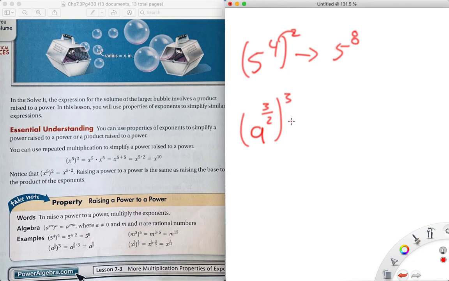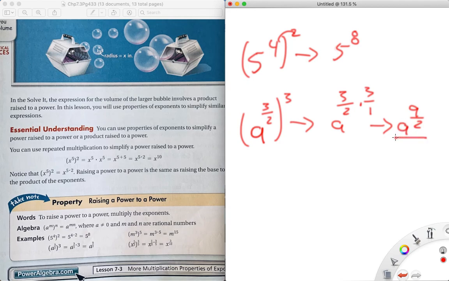So again, we're multiplying the exponents, so it's going to be a to the 3/2 times 3 over 1. This gives us a to the 3 times 3 is 9, 9/2. So it's going to be a to the 9/2.